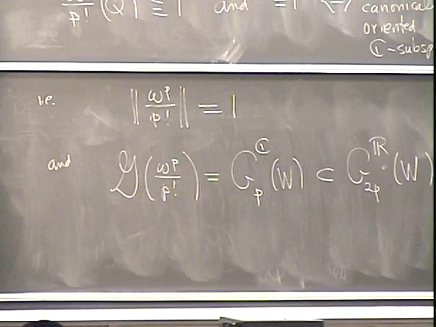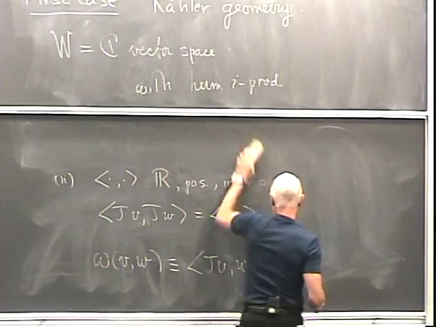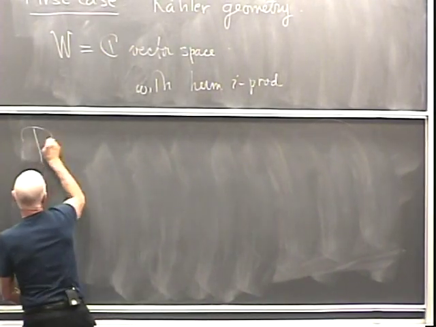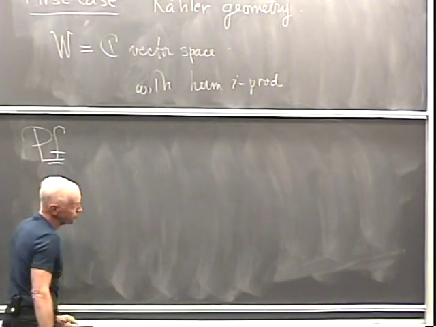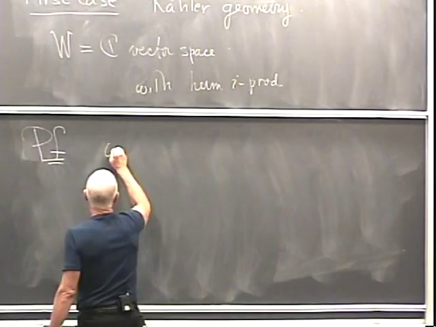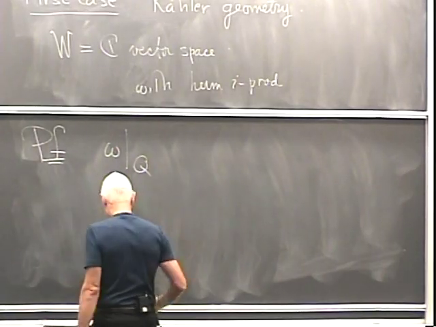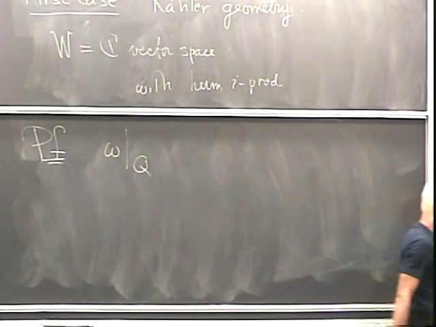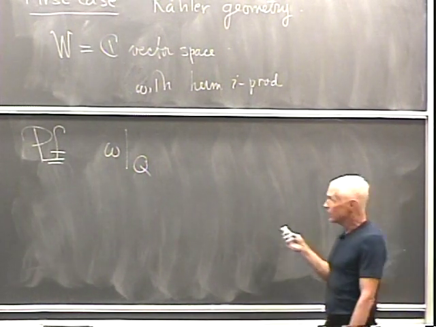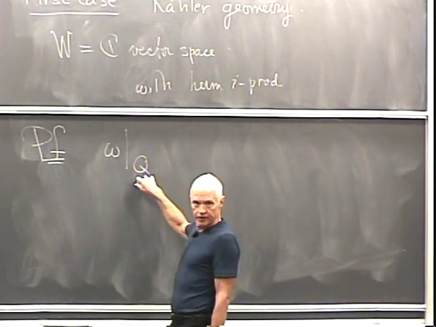Okay, so this also has a fairly straightforward proof. It's just linear algebra. So let's take omega and restrict it to Q. So now I have a skew-symmetric form on a real oriented 2p plane.